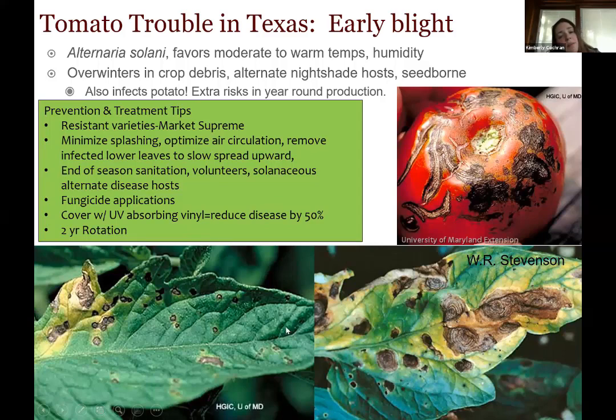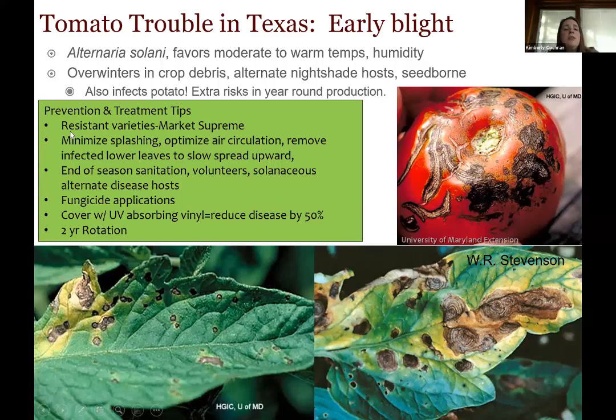So let's say you have tomatoes going in the hot part of the year and potatoes growing in fall, with year-round production because you partially protect your crops. You can continuously have this problem alternating between those two plants, and the pathogen population will keep increasing and you'll have a bigger and bigger problem. So host range, in this case, is an important thing to consider when you're doing things like crop rotations.